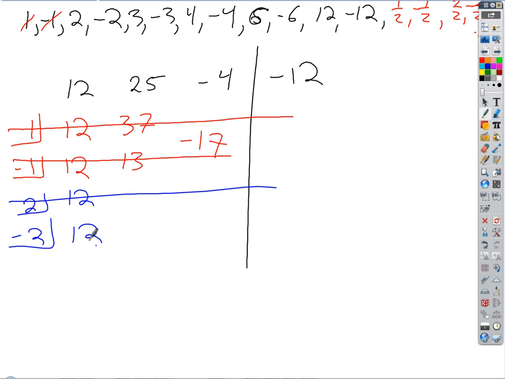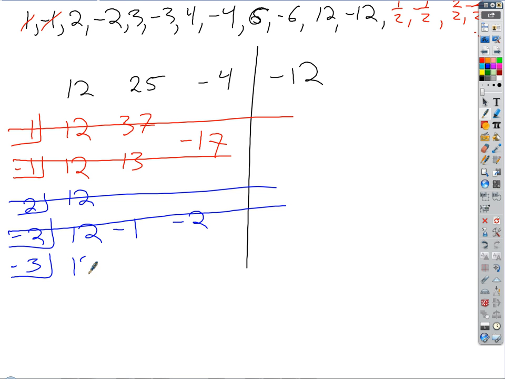-2 times 12 is -24, plus 25 is 1. -2 times 1 is -2, plus -4 is -6. That still didn't work, did it? Got to keep going. Okay, you think 3 is going to work? No. Probably not. Let's try -3. You're already kind of seeing a pattern, aren't you?